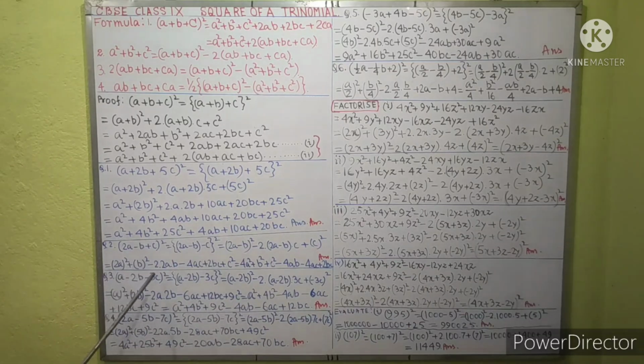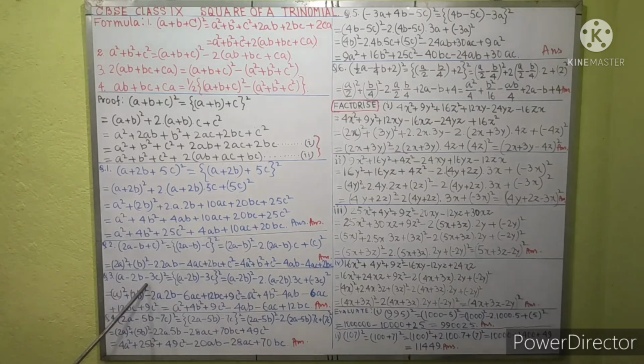After calculating this, we are getting 4A square plus B square plus C square minus 4AB minus 2BC plus 4AC. This is the answer.